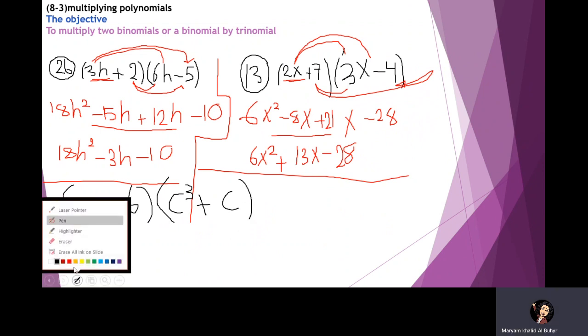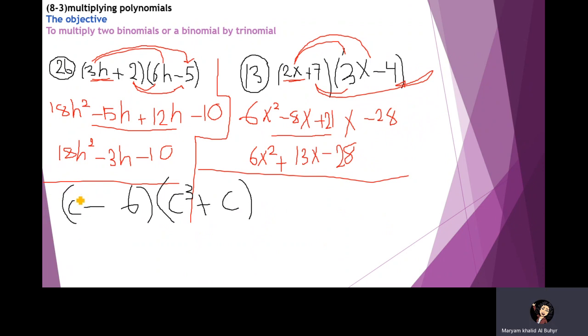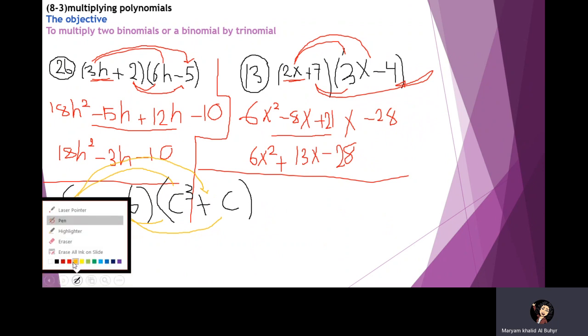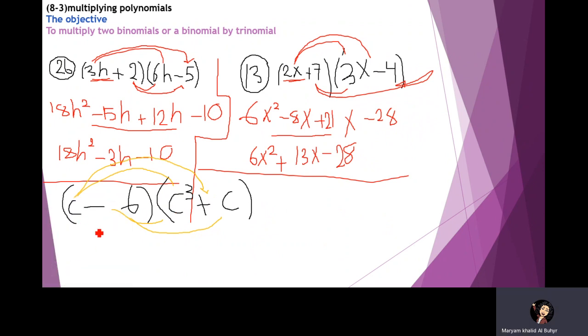I want to show you how this will look. Again, the first one by the first one, the first one by the second one. Same thing with these. So that will be C times C to the power 3, and here is the power 1.